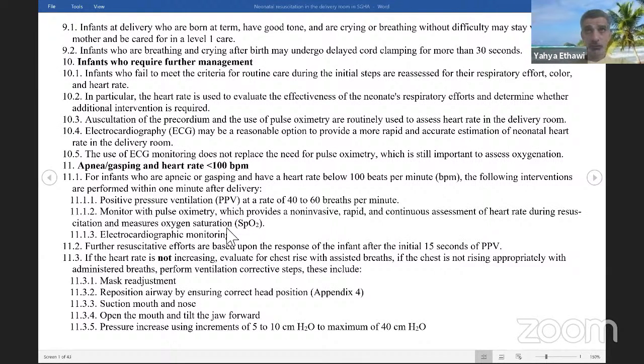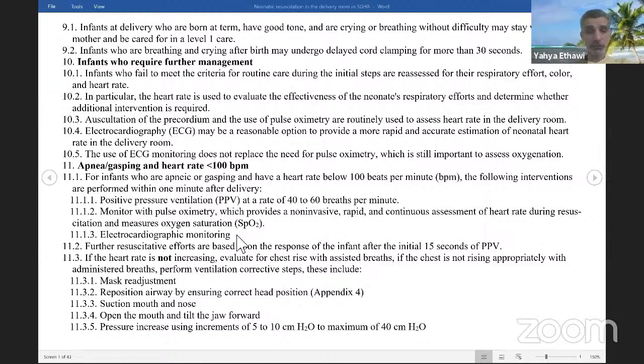We need to monitor the saturation, best by applying pulse oximetry, and we need to monitor the heart rate. Oxygen saturation might give you the heart rate, but it is not very accurate. Auscultation, you might hear the heart rate, but again, it's not accurate. So the best way to monitor the heart rate is by applying the electrocardiogram.